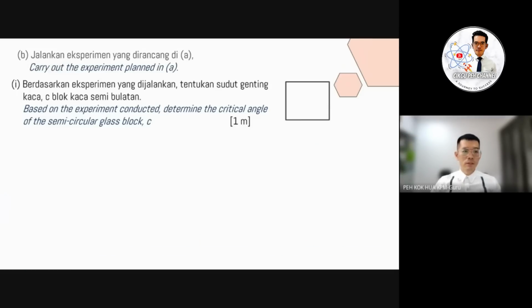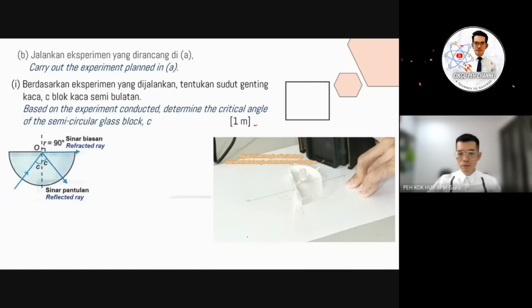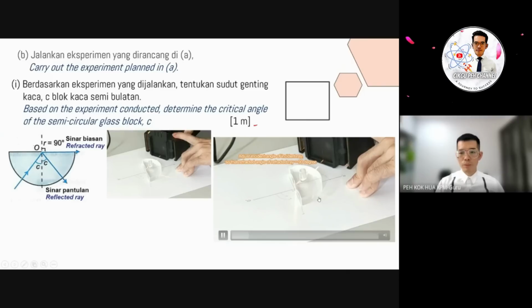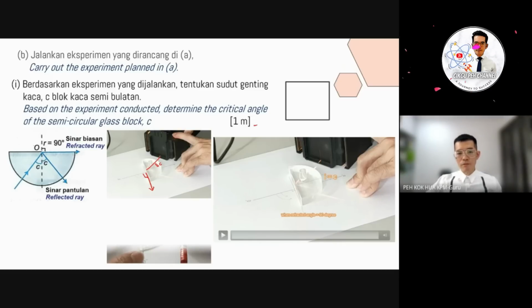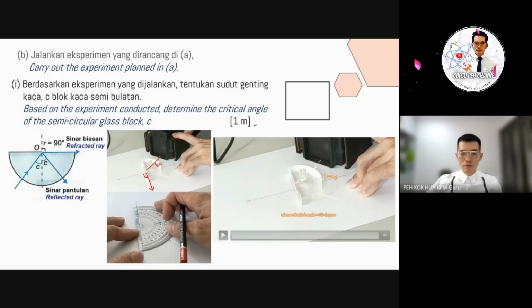For B, carry out the experiment planned in A. Based on the experiment conducted, determine the critical angle of the semicircular glass block, 1 mark. As I mentioned just now, we have to measure our angle. When the refracted angle equals 90, the critical angle will be here, and you have to measure, and the value I get is 40.